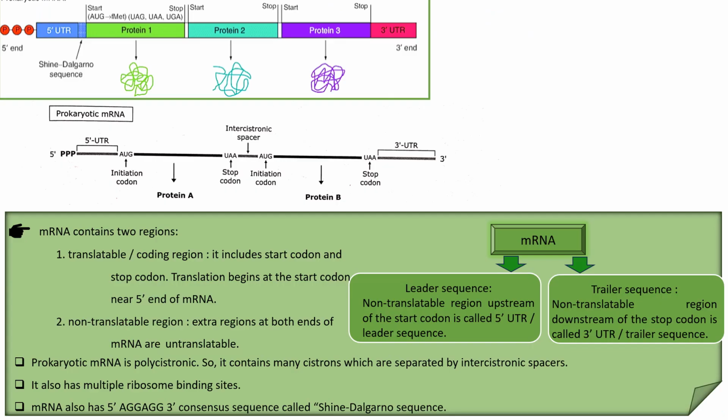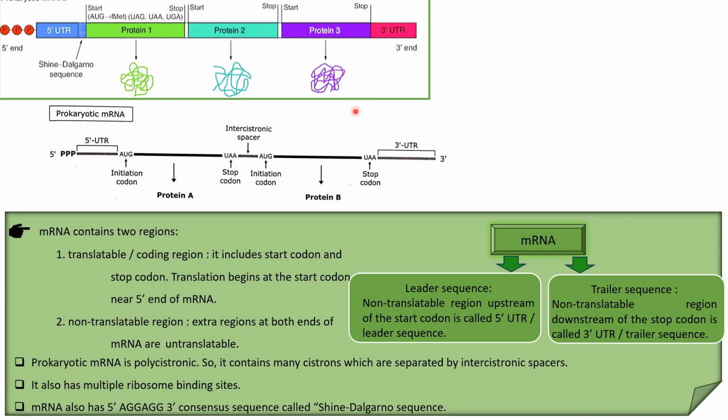Now let's talk about the structural aspects of the mRNA. Basically, mRNA contains two regions: coding or translatable region and non-translatable region. In case of coding or translatable region, it has codons starting from the start codon, from where the protein synthesis begins, and a stop codon where the protein synthesis ends.